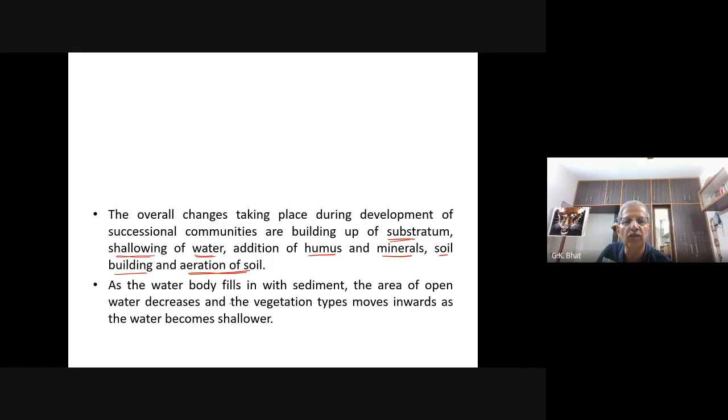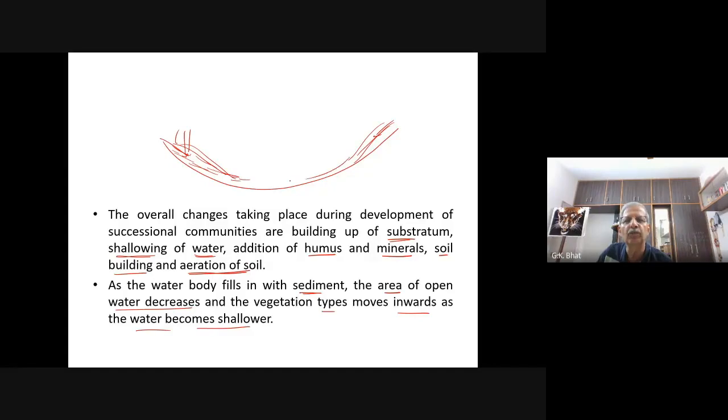As the water body fills in with sediments, more and more sediments, the area of open water decreases and the vegetation types move inward as the water becomes shallower. So if you have a pond like this, with more and more soil coming in, gradually at the sides more and more soil gets filled, and different types of vegetation start appearing.